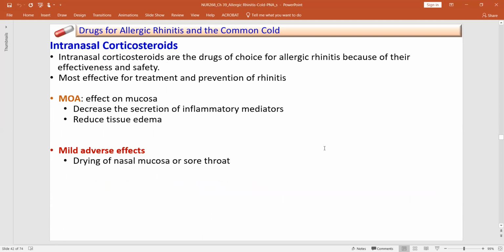The mechanism of action of the intranasal Flonase is that it decreases the secretion of inflammatory mediators like cytokines, leukotrienes, and histamines, so this drug has joined antihistamines as a first-line drug for treatment of allergic rhinitis. It reduces tissue edema and will cause mild vasoconstriction.